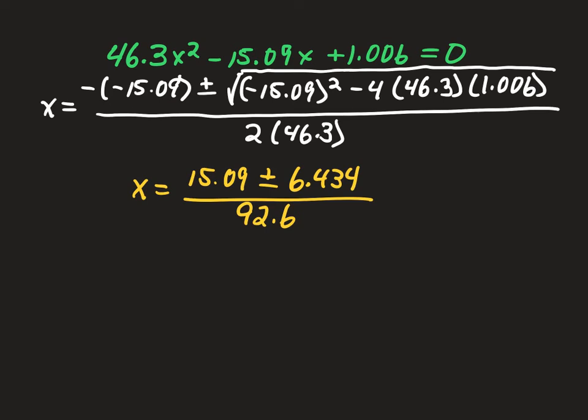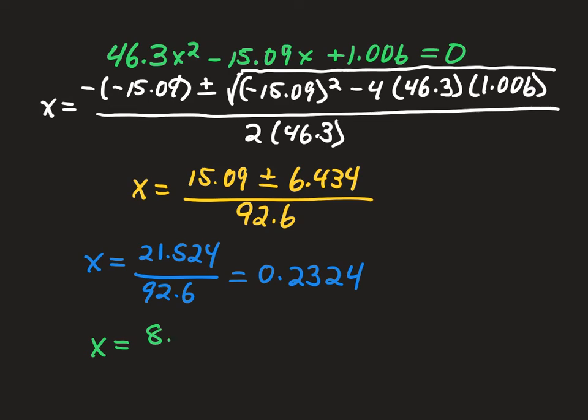So x can equal 21.524 over 92.6, which is 0.2324, or x can equal 8.656 over 92.6, which would equal 0.0935.